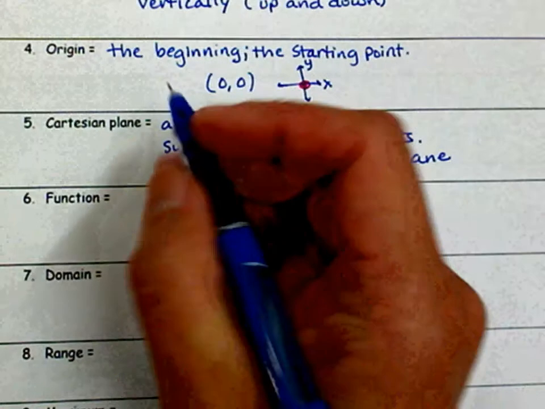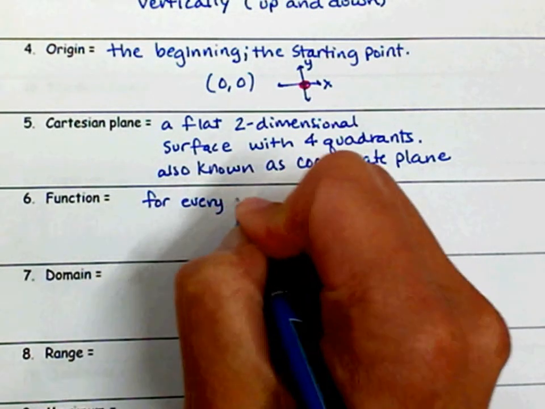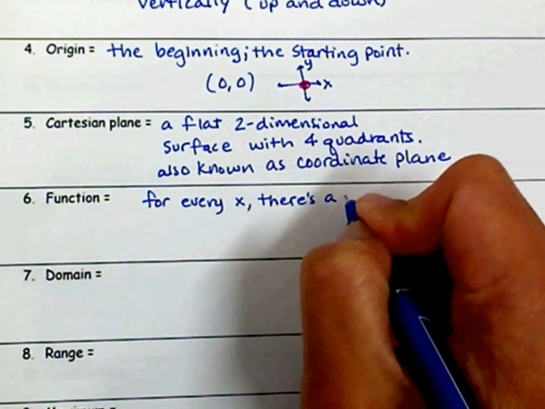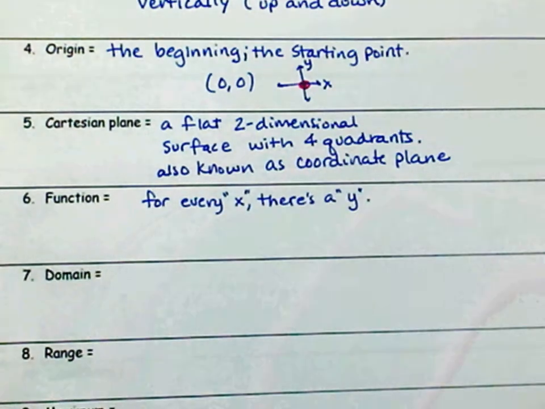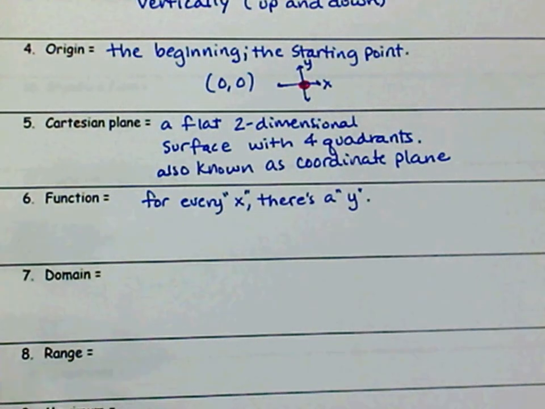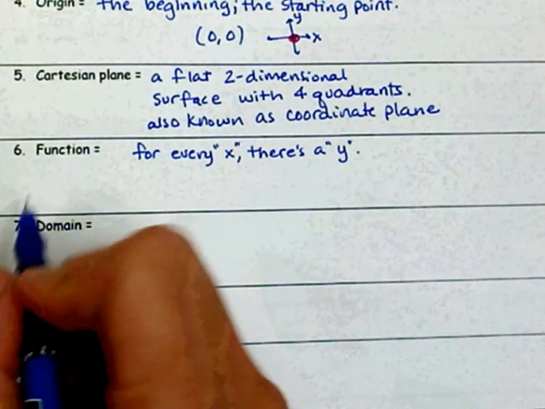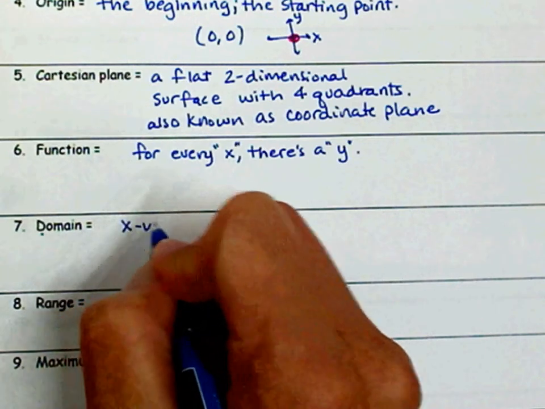Function: for every X, there's a Y. For every X value, there's a Y value. That's a function. Domain, number 7, domain. Domain is your X value.